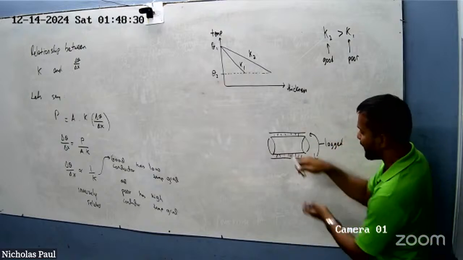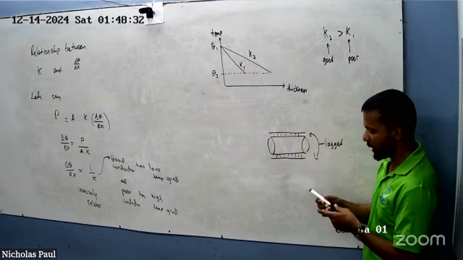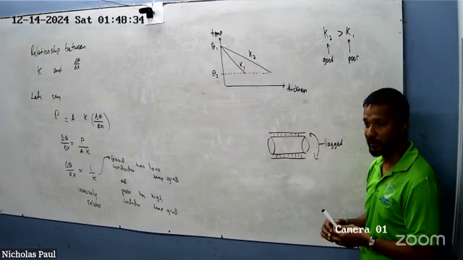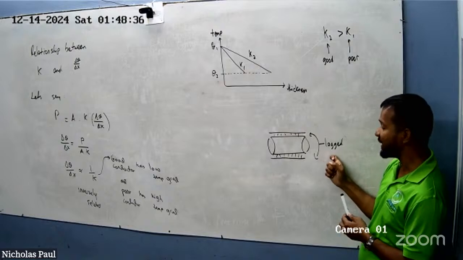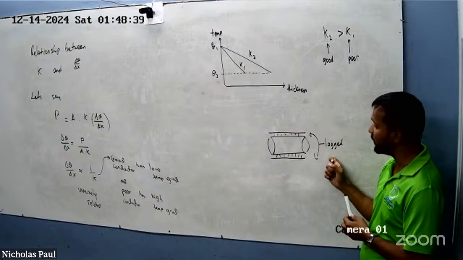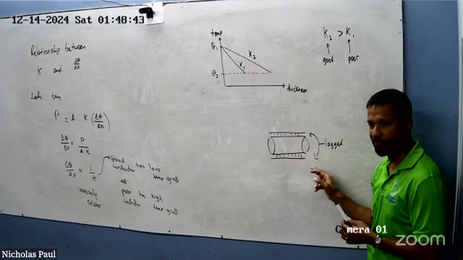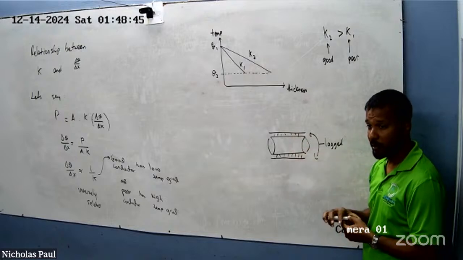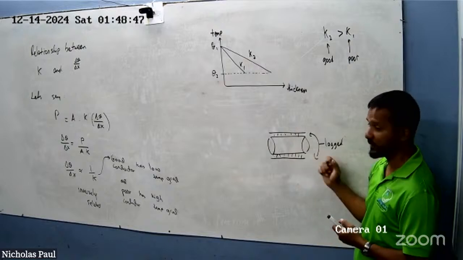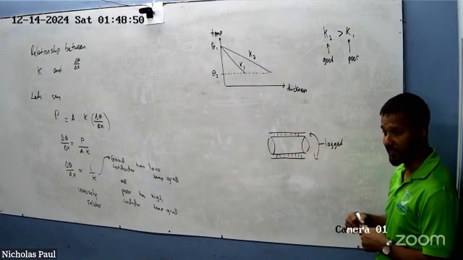By lagging it, you're allowing no heat to be lost to the environment. A lagged material will give you a straight line; unlagged will give you a curve. So we're assuming most of our materials are lagged or perfectly insulated.